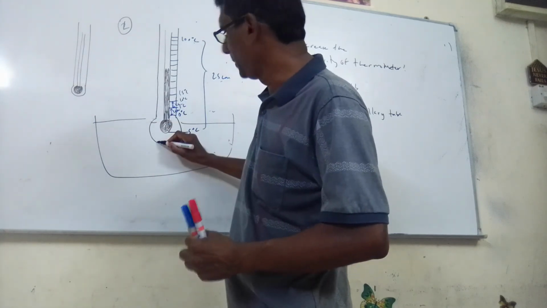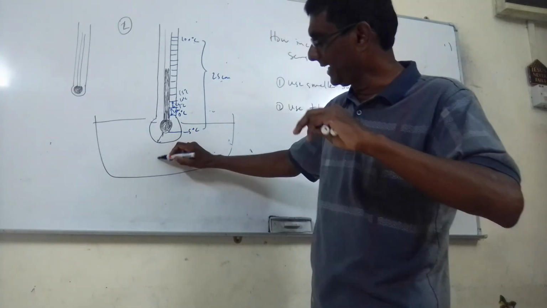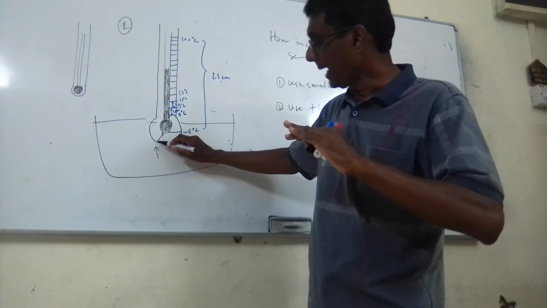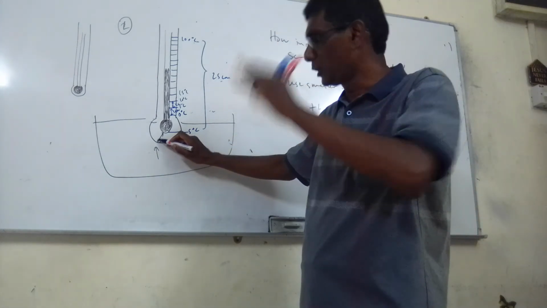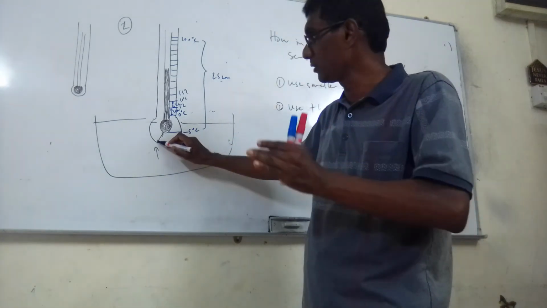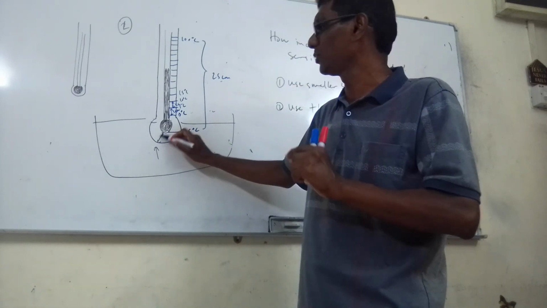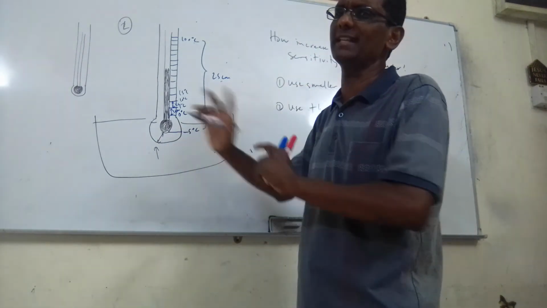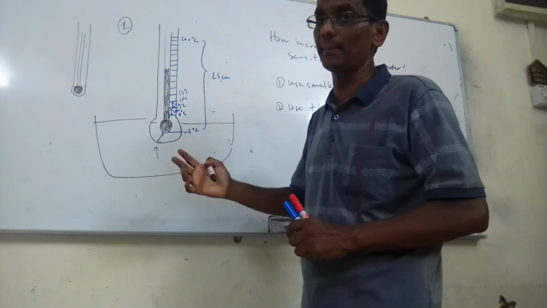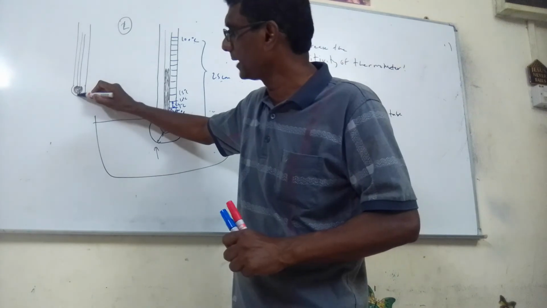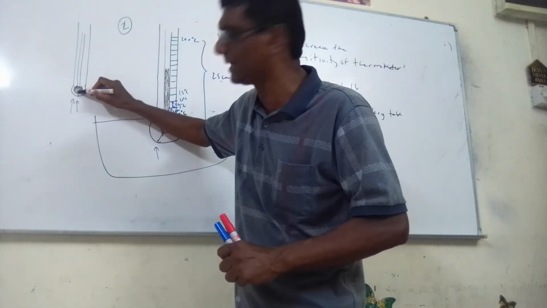It's a big bulb, so with a big bulb there's a gap. The heat must come to here and travel all along the thick glass tube and reach the storage of mercury. So it takes time, so its sensitivity is a bit slower. With a smaller bulb, the heat can be transferred to the mercury column immediately.